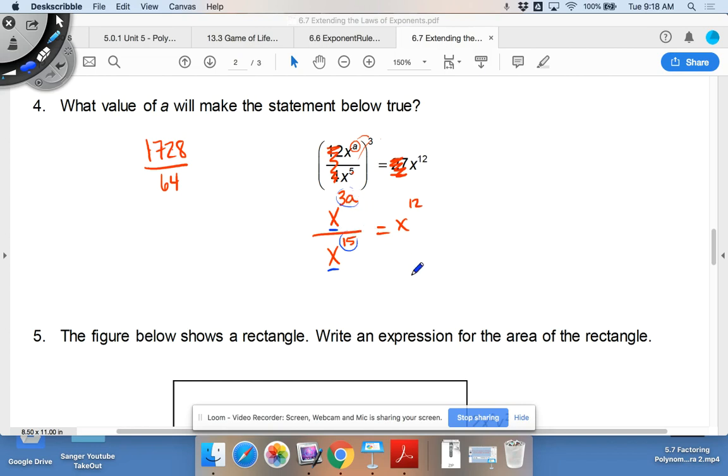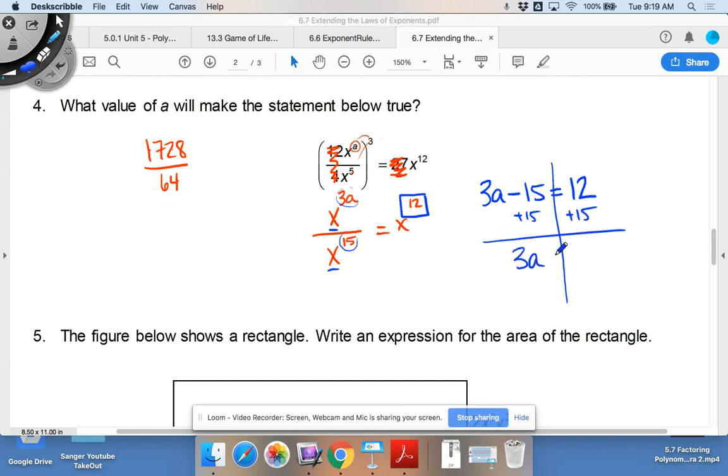So we know that 3a minus 15 is going to equal 12. And now it's just a simple equation. So we add 15 to both sides. So we get 3a equals 27. We divide by 3, and we get a is 9.